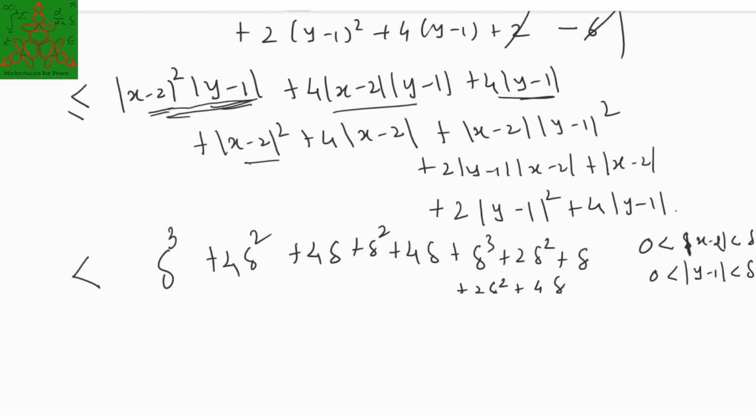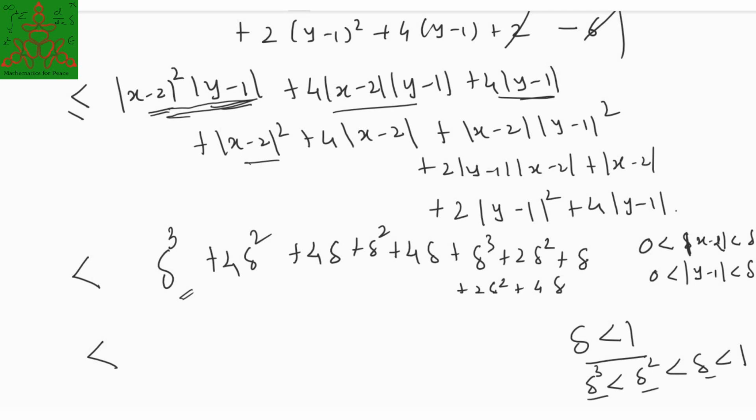This is further we'll write less than, because this is delta cube, so I cannot take this as epsilon and take it further, but what we can take is delta less than 1. If I take delta less than 1, delta cube is smaller than delta square, which is smaller than delta, and delta is already less than 1. So delta cube and delta square will be less than delta.